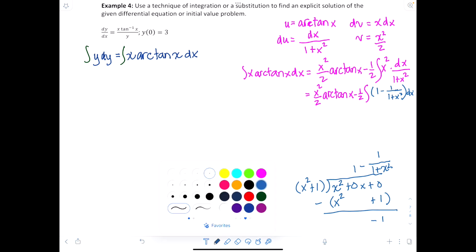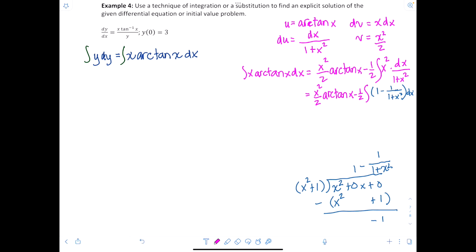So, continuing, this gives us x squared over 2 times arctangent at x minus 1/2 times x minus, lo and behold, we have 1 over 1 arctan at x over 1, right?